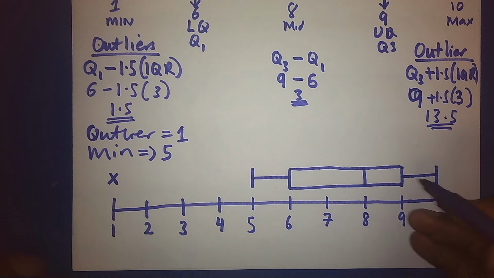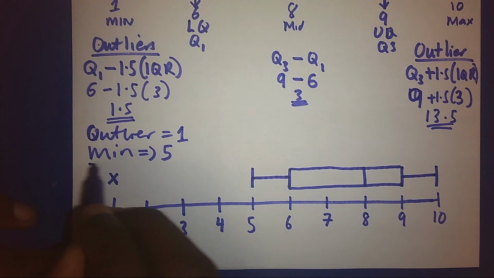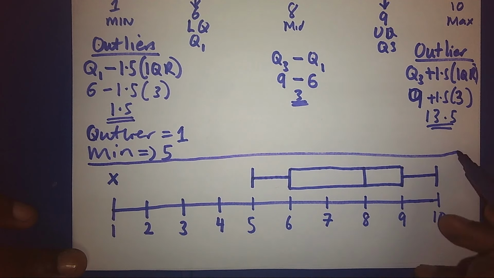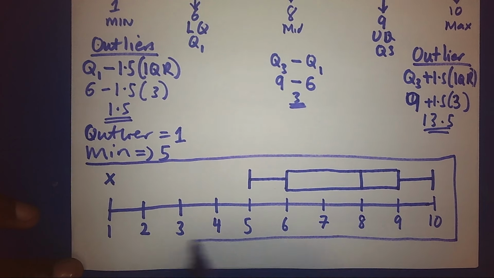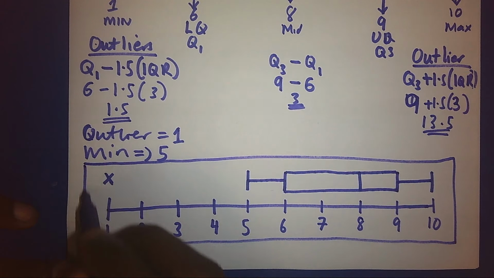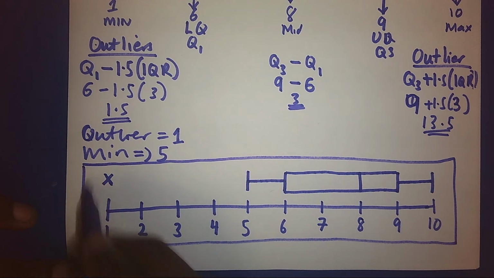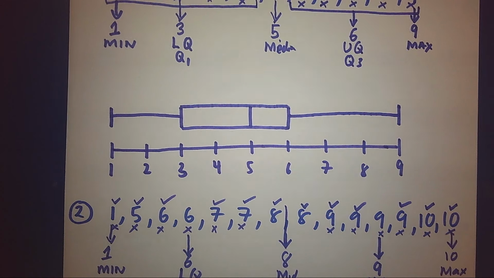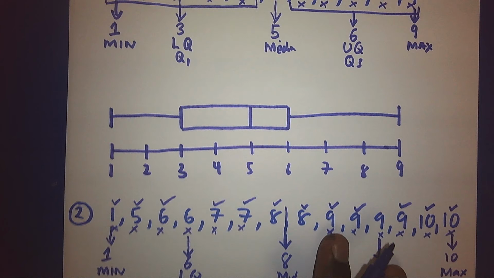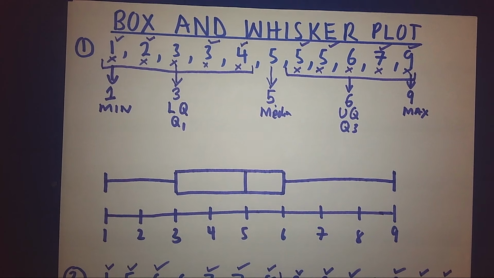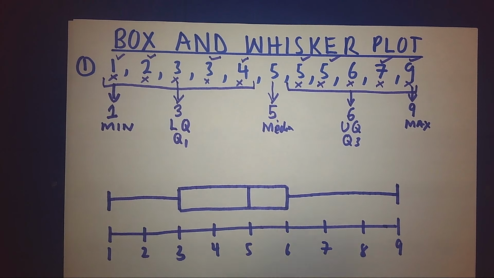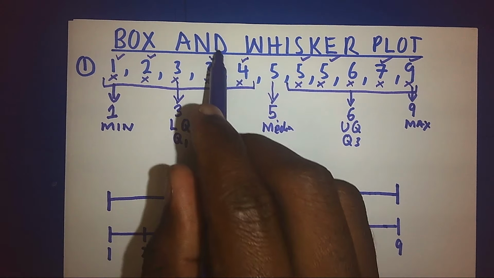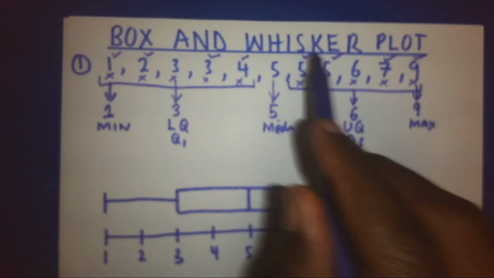Now this will be our box and whisker plot, including the outlier. So this is how we simply draw a box and whisker plot.